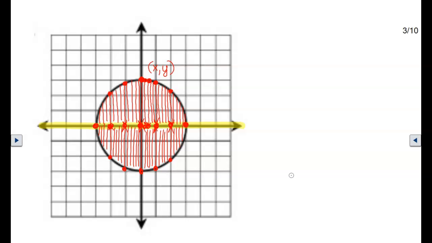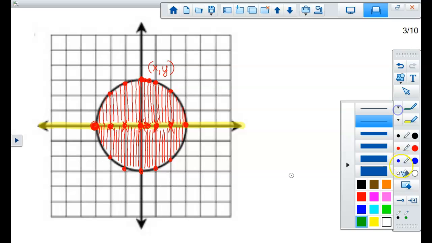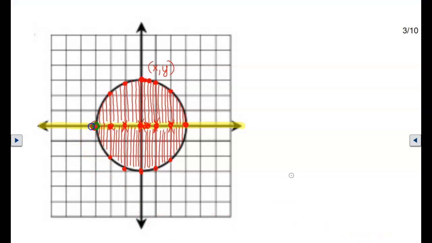So what you can see from this is that your domain for this circle would start here at this point. Let me use a different color to emphasize this. My domain for this function would start over here at this point, and it would end over here at this point, and it would include all of these x values in between.